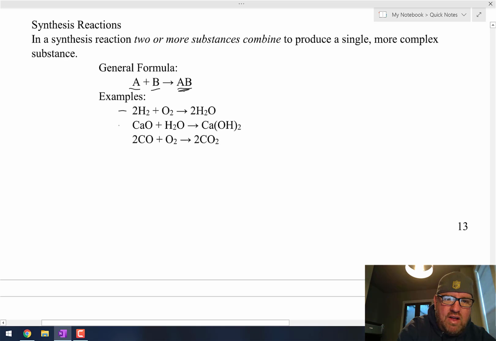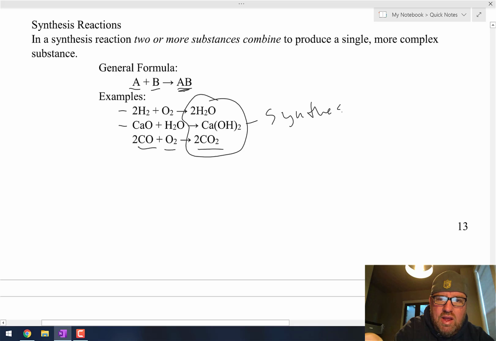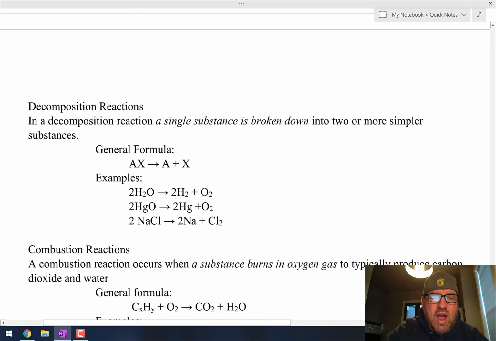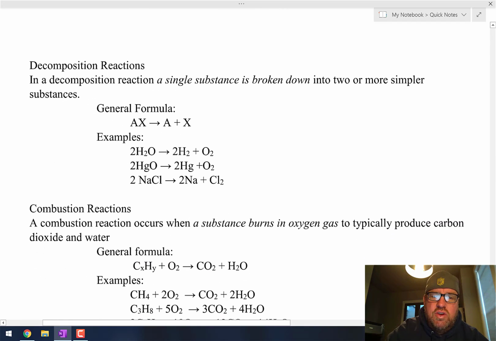In this case, calcium oxide reacts with water to make calcium hydroxide, and then carbon monoxide reacts with oxygen to make carbon dioxide. Notice that in each case, you only have one product, and when that happens, again, that is a synthesis reaction.